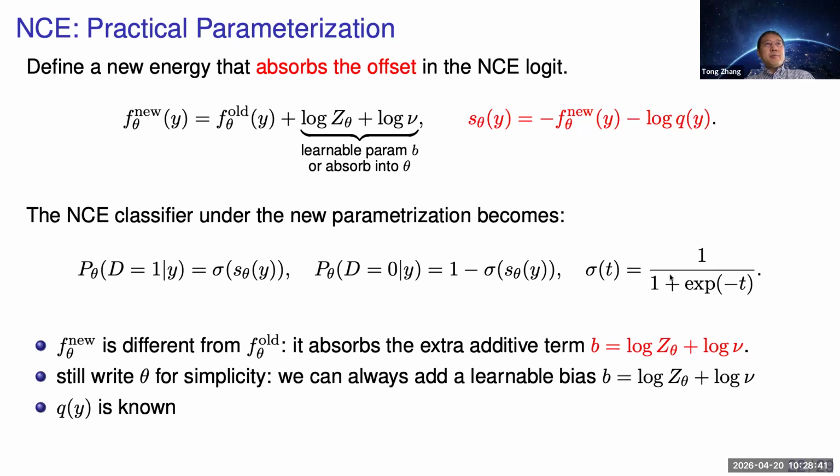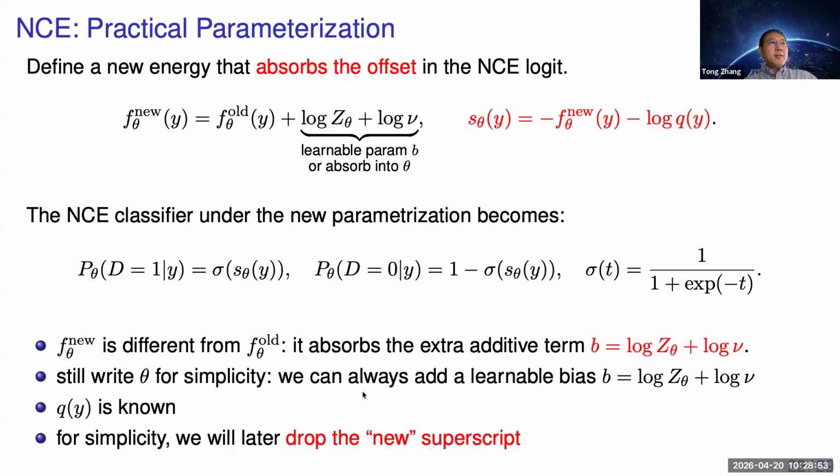Another thing is that q is a known distribution. If this is a Gaussian, it will be something like y squared divided by whatever standard deviation you have. For simplicity, we will drop this nu. If we drop nu, you can think of the energy-based model, where this term is ignored.